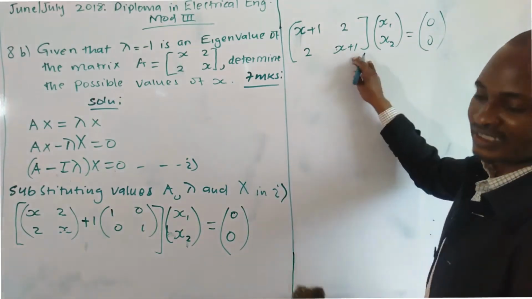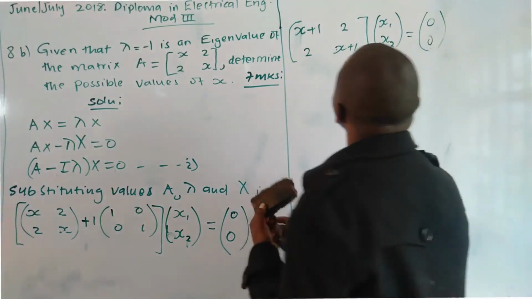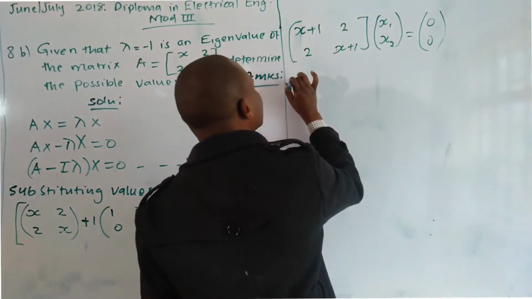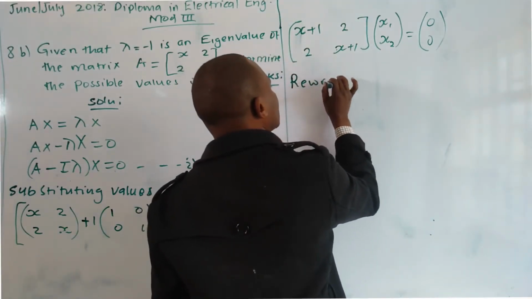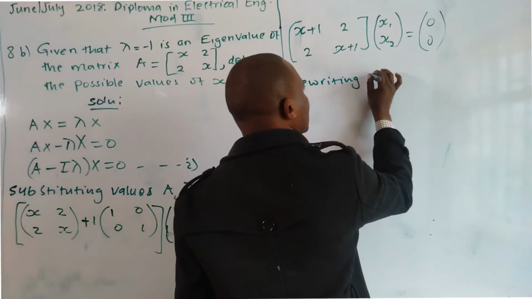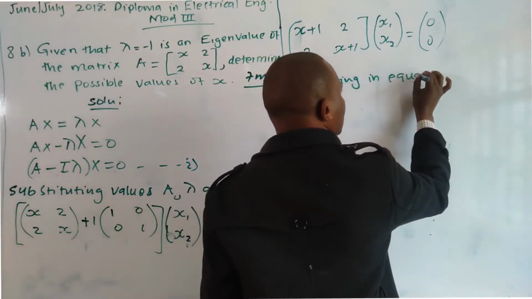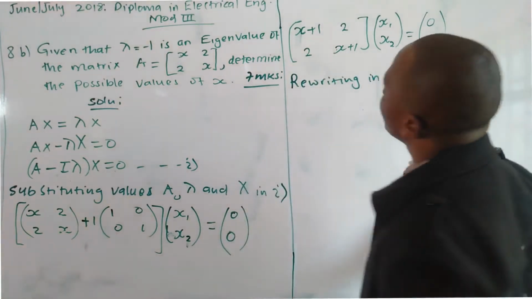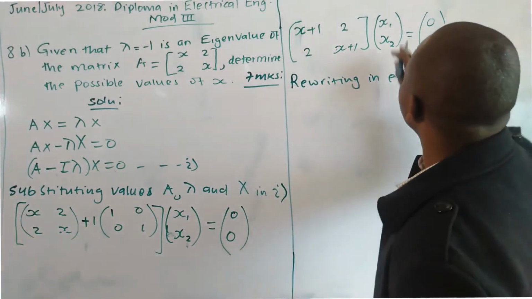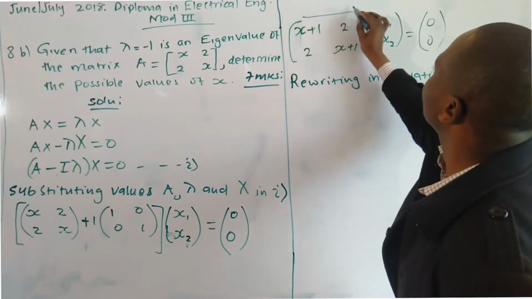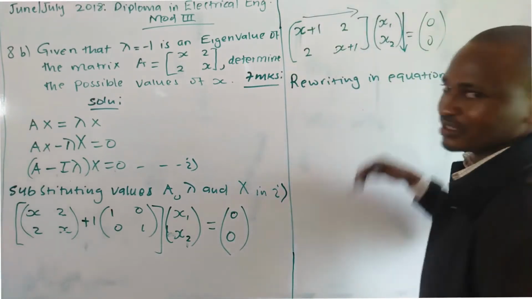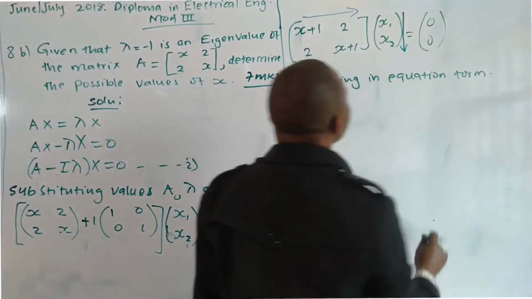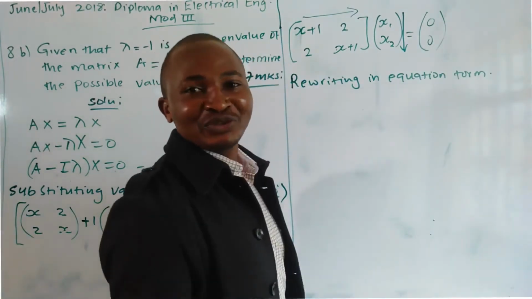Now let us rewrite in equation form. Rewriting in equation form, which will give us, we multiply in that manner. There's a bird that has entered the class saying hi to you.